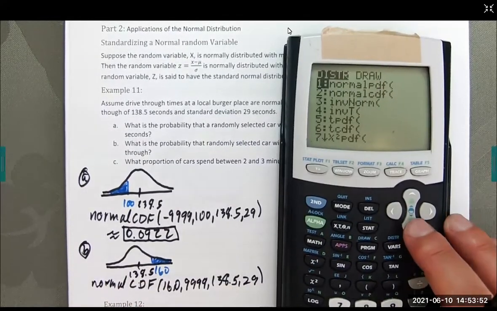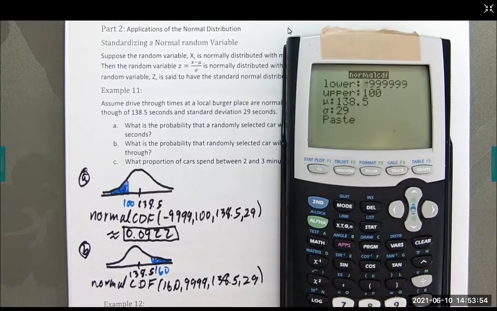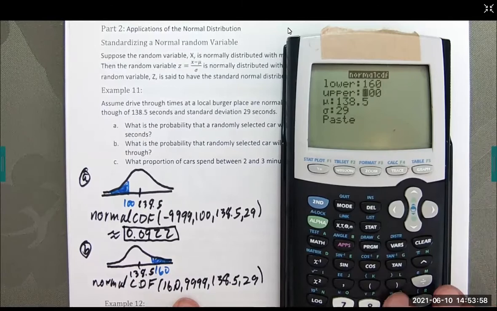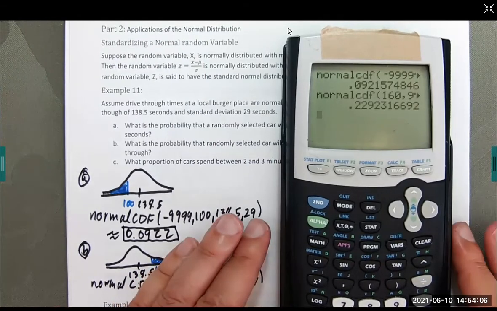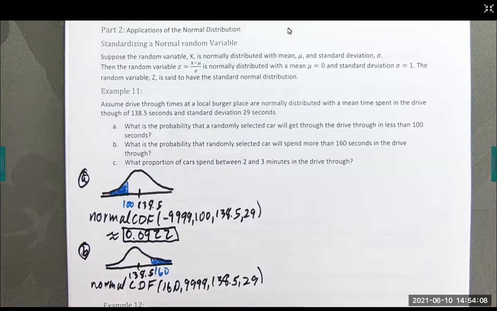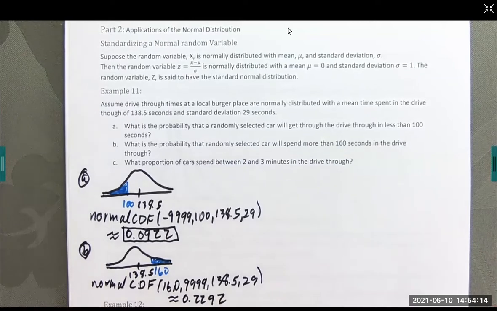Now the lower is 160, the upper is 99999. The mean and standard deviation are the same. That's nice. So there's about a 0.2292 probability, meaning about 23% chance that I'll be in line more than 160 seconds.